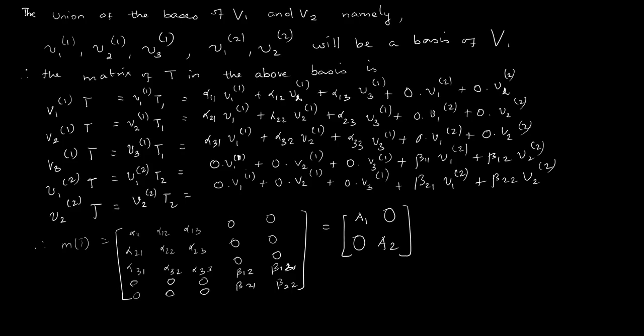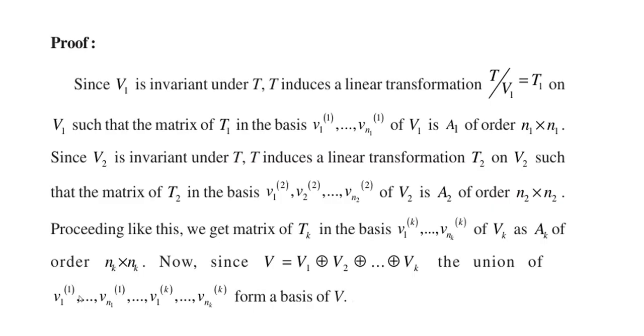And so the matrix of T in that basis, when we write it, will be A1, A2, etc., Ak, where each Ai will be the matrix of Ti in the corresponding basis.